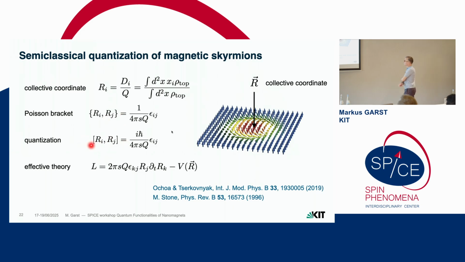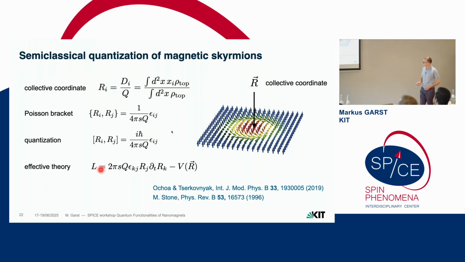And then we can quantize it by going to commutators. So we get a commutator of the two positions, which is essentially i h bar times this expression. And this is essentially what one gets on the semi-classical level if one quantizes skyrmions in the low energy limit.